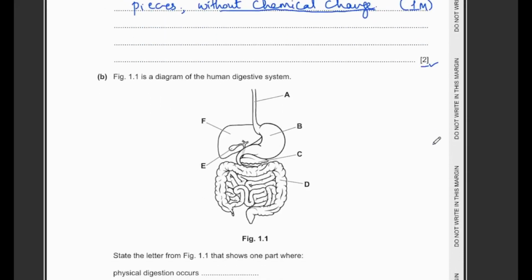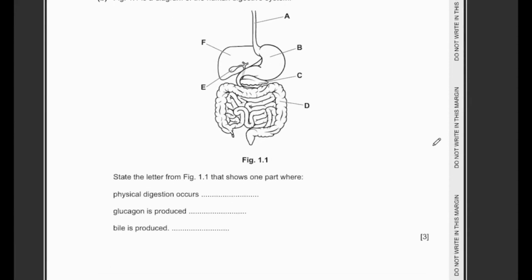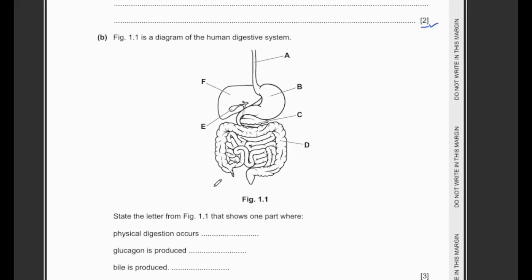Next one. Figure 1.1 is a diagram of a human digestive system, and we are asked to state the letter from figure 1.1 that shows one part where physical digestion occurs, where glucagon is produced, and where bile is produced. Now you know that physical digestion does not change the chemical nature of the food.